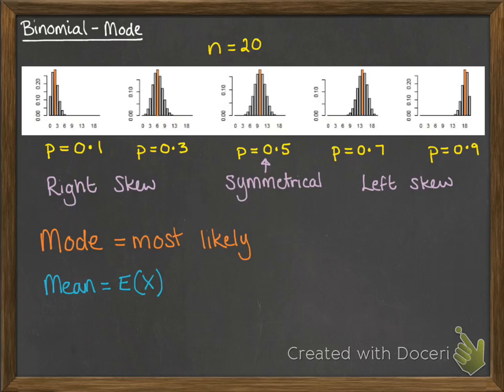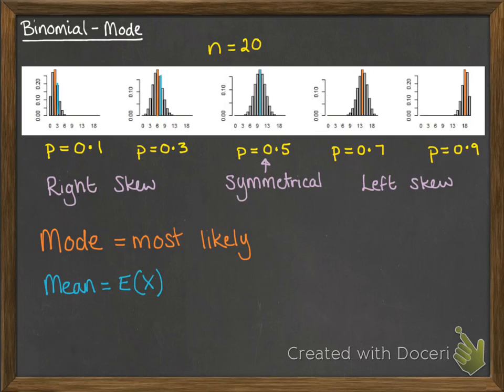Now remember, the mean is the expected value of x, and this will be close to the mode, but unless it's got a 50-50 chance, it won't be exactly the same. So on the symmetrical one, the mean is the same as the mode, it's that middle value there.